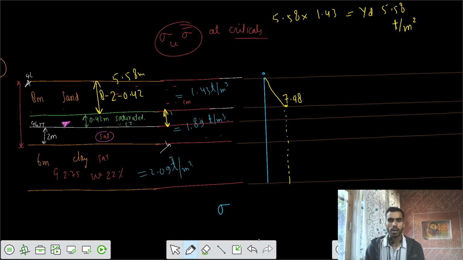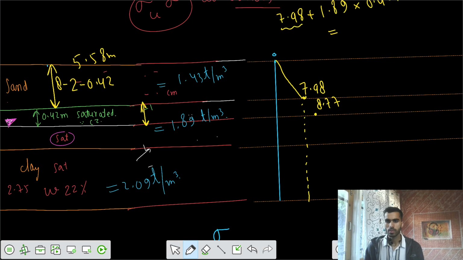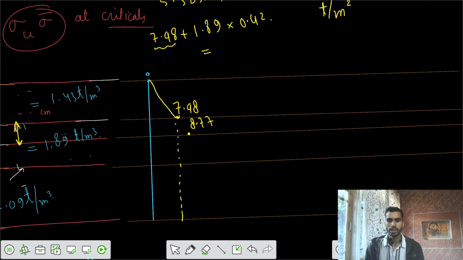So I would write the final value as 7.98 plus 1.89 gamma sat into the height of 0.42. So this is the total stress at this location. Finally, this comes to 8.77. This is your value of 8.77.